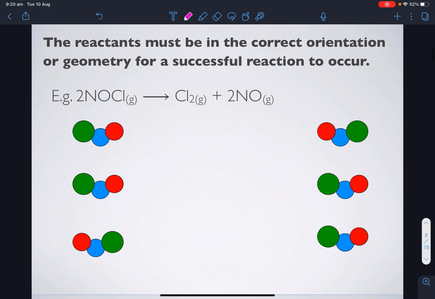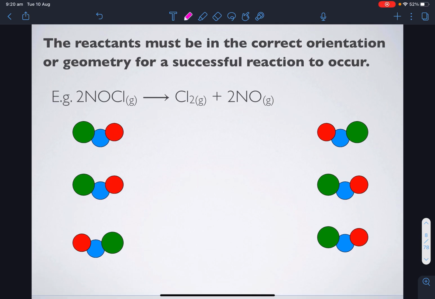Okay, here we go. The reactants must be in the correct orientation or geometry for a successful reaction to occur. So here I've got two molecules of NOCl coming together to form chlorine and two molecules of nitrogen monoxide.